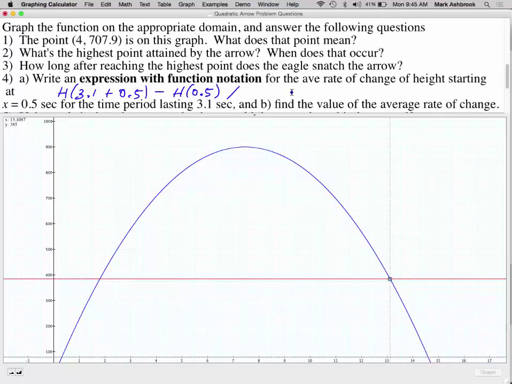What is this in general calculating? Change in y, or change in output, right? And then average rate of change is divided by change of x, or change of input. Remember that. So why isn't it just h of 3.1 minus h of 0.5?